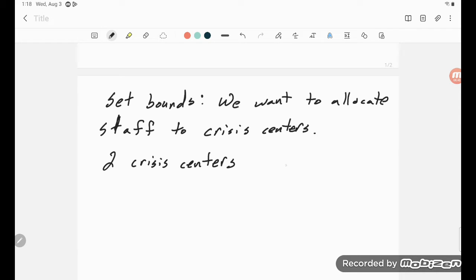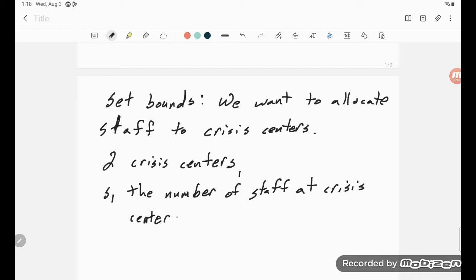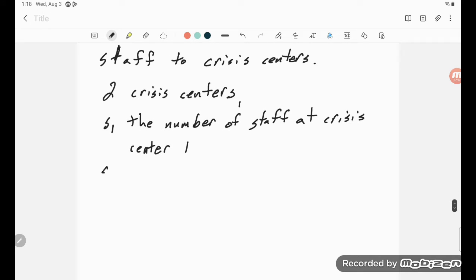And we'll say S1 the number of staff at crisis center 1, and S2 the number of staff at crisis center 2.